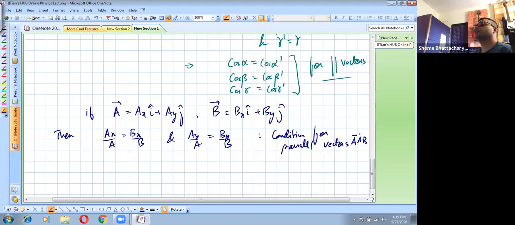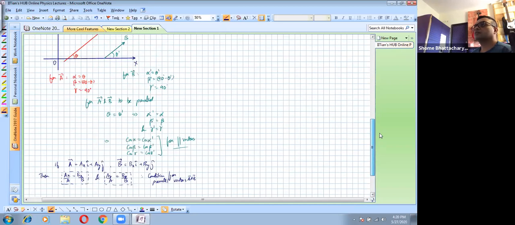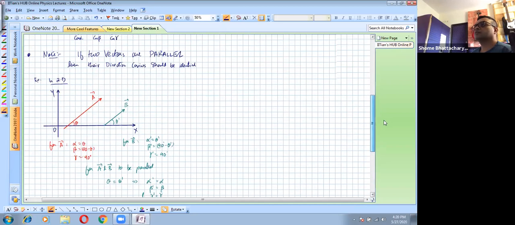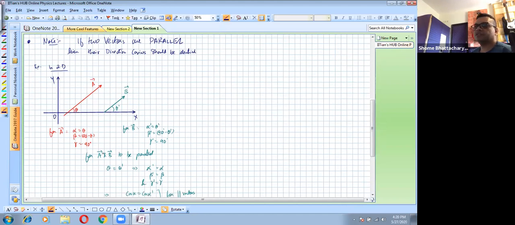For the vectors E and B to be parallel, statement 1 plus statement 2 becomes a condition. Just make a note of this, then we'll discuss more about this parallel condition. We'll come to this in 3D also.